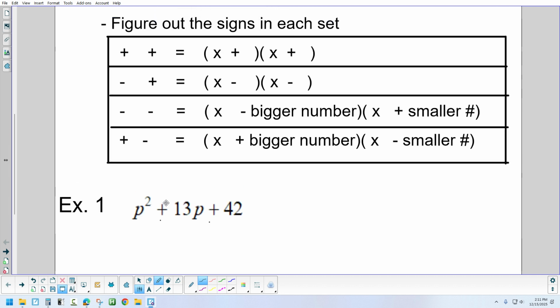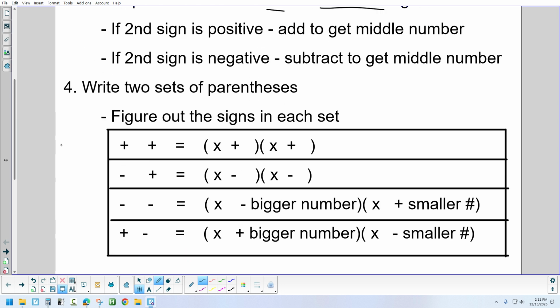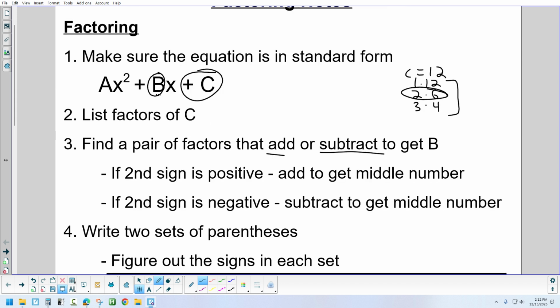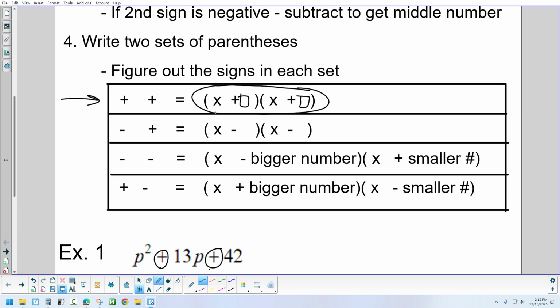If your problem has a plus sign and a plus sign, you're going to go to this row right here, and it tells you how you want to start to write it. It doesn't tell you what number goes in this box and that box. Those 2 numbers are going to come from right here. It would be the 6 and the 2 in our problem that we made up. But it does tell you everything else: the letter, the symbol, the letter, and the symbol. We just have to figure out the numbers that go in the boxes.